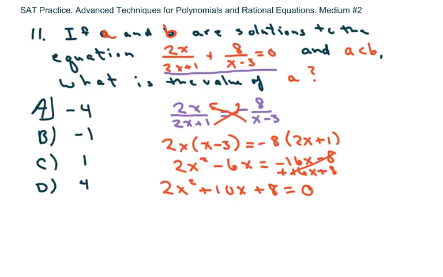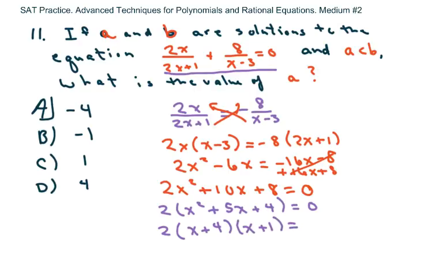Then we're going to factor out a 2 here. As you can see, this is multiples of 2. You don't have to do that, but it just makes factoring easier. When you pull out the 2, you get x plus 4 and x plus 1. So we get x equals negative 4 and x equals negative 1.